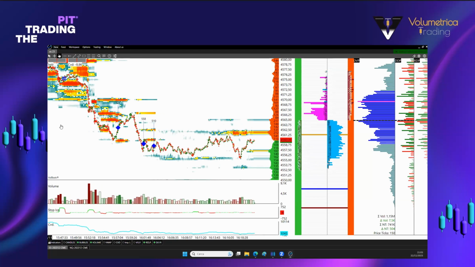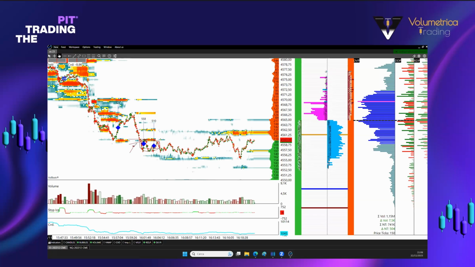Then, what happens after those stop runs are launched to the market? How does the market react to them? Well, the stop run is to the upside, okay? So, as a rule of thumb, it should go up.